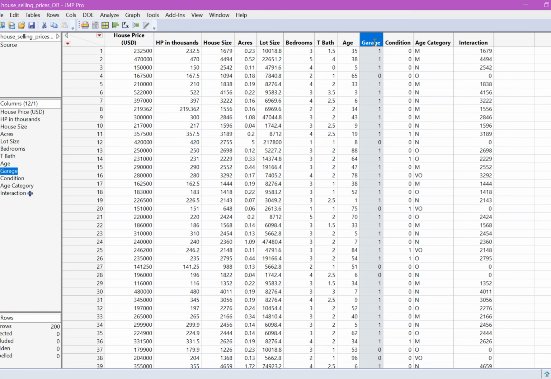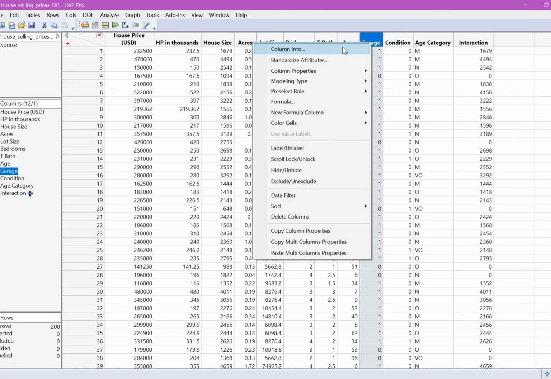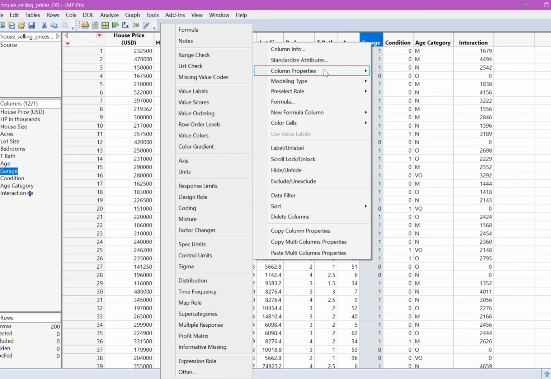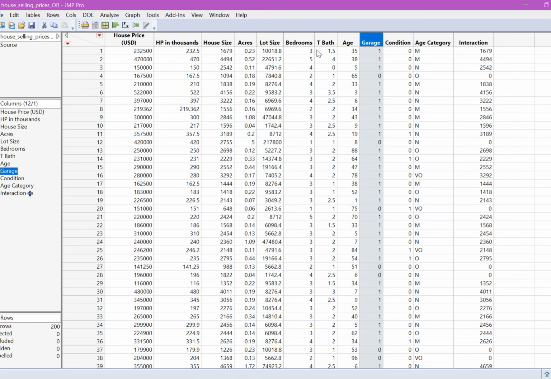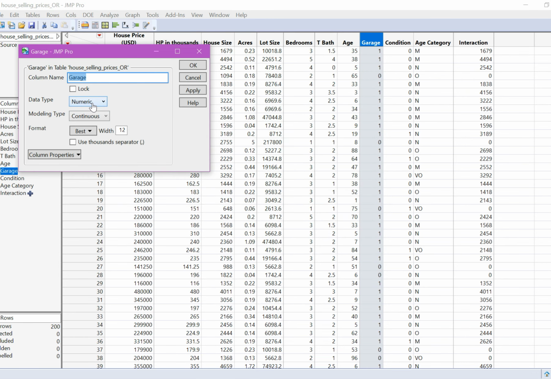Something that's very important to note is when you have an indicator variable, if we look at the column info, it must be numeric and continuous. So the data type for indicator variables must be numeric and the modeling type must be continuous. Remember, when we include categorical data in our model and create indicator variables, we're doing that so that we have numeric, continuous data.